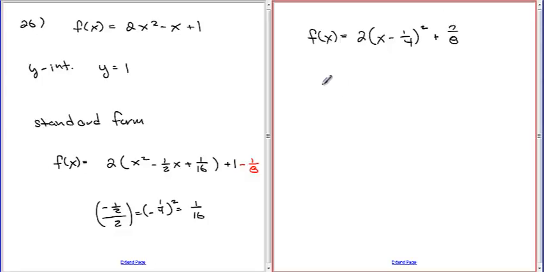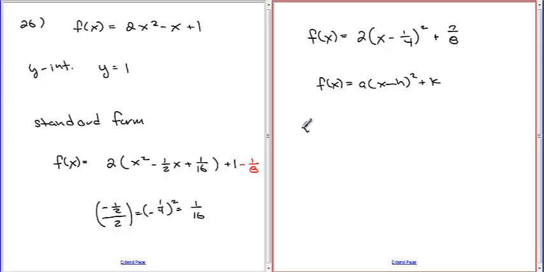So the standard form, so far we've said it's equal to x minus h squared plus k, but it's really, there's an a outside, and it just turns out in the previous examples a has been 1, but it's not the case here. And what this does is it stretches or shrinks the drawing.